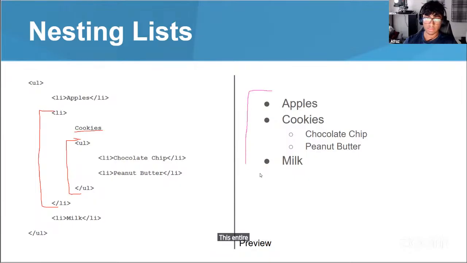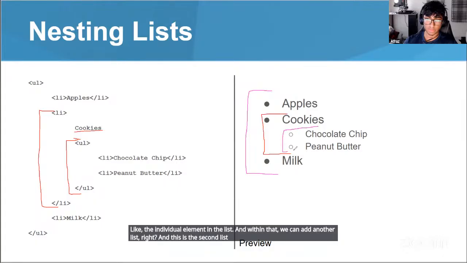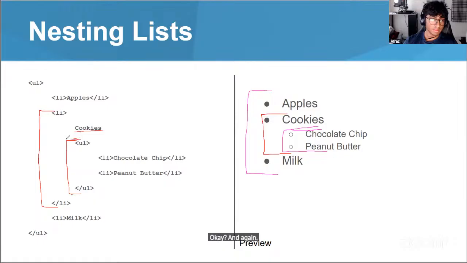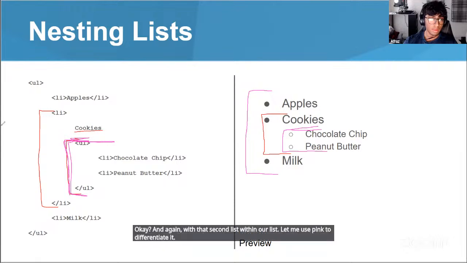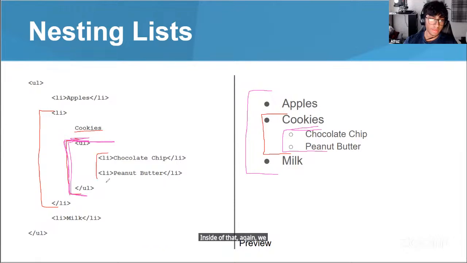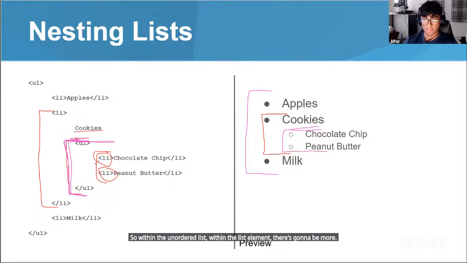This entire thing is the list. This cookies thing is the individual element in the list. And within that, we can add another list, right? And this is the second list within our list. Okay? And again, with that second list within our list, use pink to differentiate it. Inside of that, again, we're going to have the li. So li doesn't go away, right? We're still using li. So within the unordered list, within the list element, there's going to be more list tags, right?